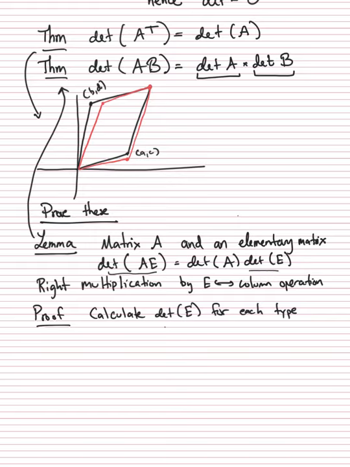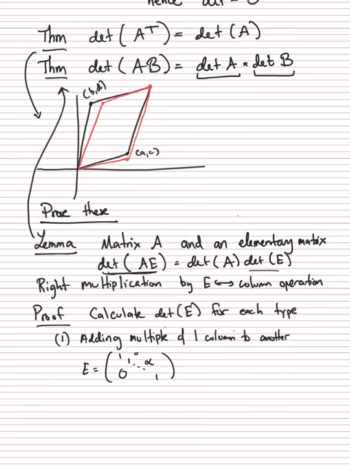The first one is adding a multiple of one column to another. This corresponds to multiplying by a matrix with ones along the diagonal and one non-zero term in a single slot, everything else zero. This has the effect of not changing the determinant, so the determinant of AE is the same as the determinant of A, and E will have determinant 1.